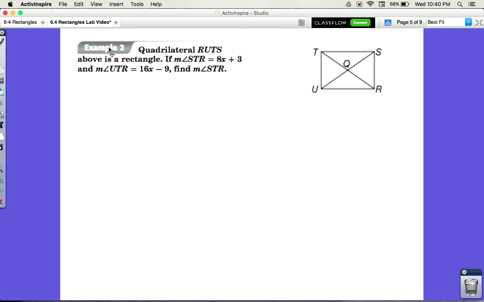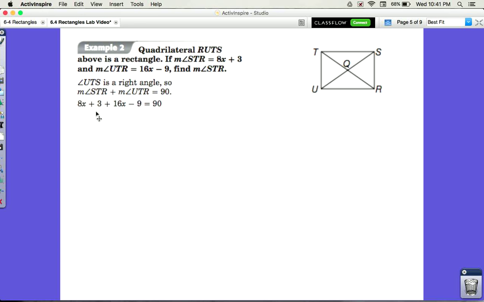So in this case, they told us that it's a rectangle, and if it's a rectangle, that means that angle S, angle T, angle U, and angle R are all 90-degree angles. So since they're all 90-degree angles, I can say that the measure of angle STR plus the measure of angle UTR equals 90.